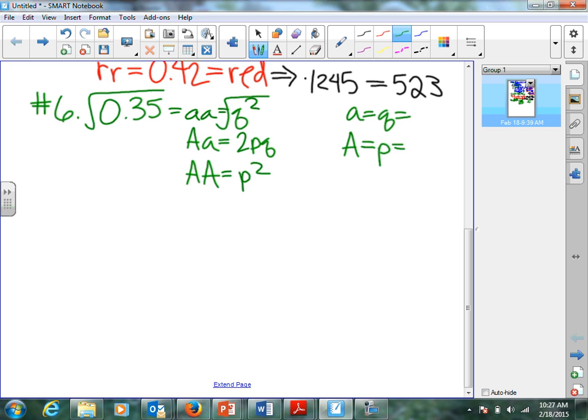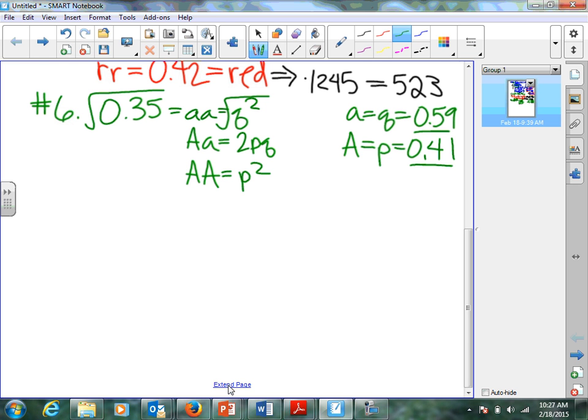So if we take the square root of 0.35, we get 0.59. Okay, so now I know q. If I know little a, I can figure out big A, because remember, p plus q equals 1. So all I have to do is take 1 minus 0.59, and I should get 0.41. And if I know both of these numbers, I can easily figure out the rest.